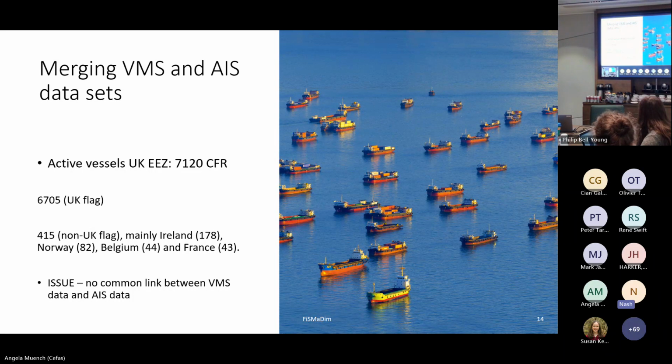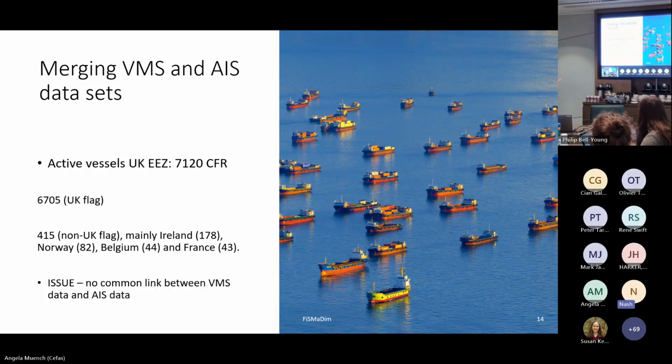And we had some information on 7,120 active fishing vessels in the UK EEZ. Out of those, 6,700 had a UK flag, and other non-UK flags were mainly Ireland, Norway, Belgium, and France.